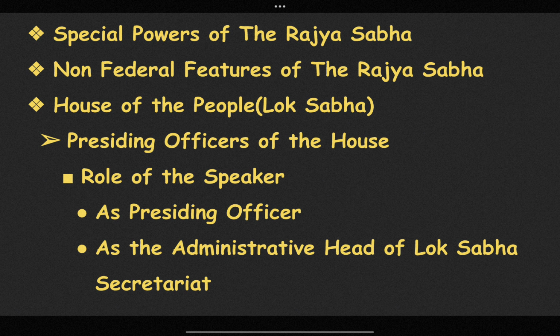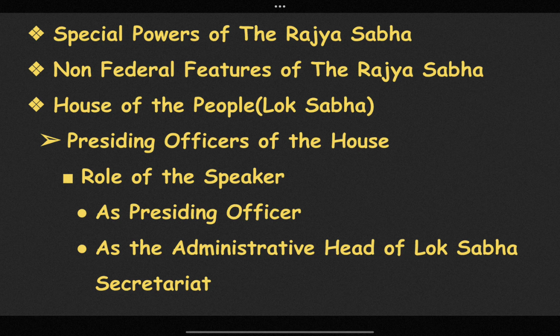Now we should know our next topic, that is the Protem Speaker or temporary speaker. After the Lok Sabha is constituted by the Election Commission, the President appoints a newly elected member of the House as Protem Speaker. According to the convention, the senior most member of the newly elected Lok Sabha is generally appointed as the Protem Speaker.